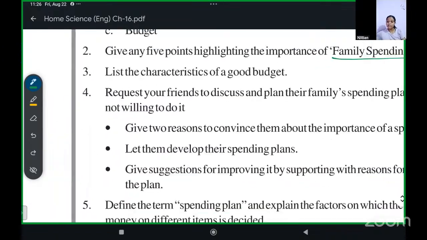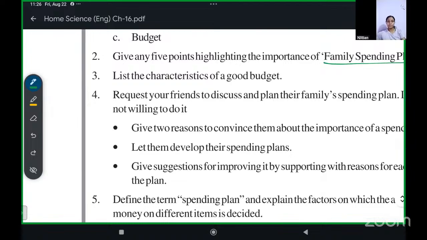What can be some of the characteristics of a good budget? The expenditure and savings are lesser than the income first.